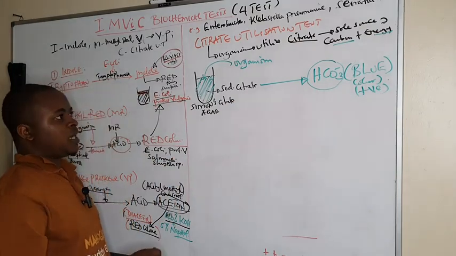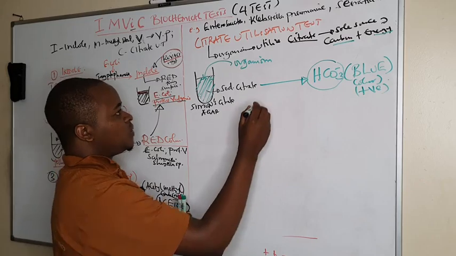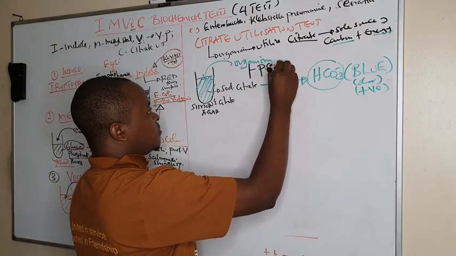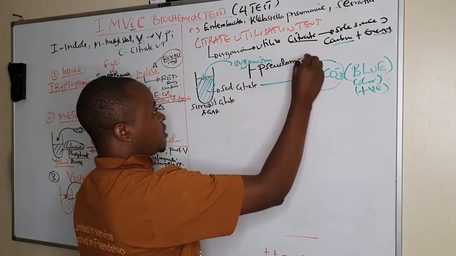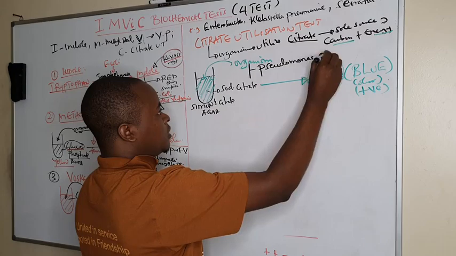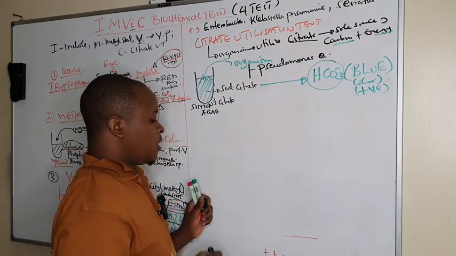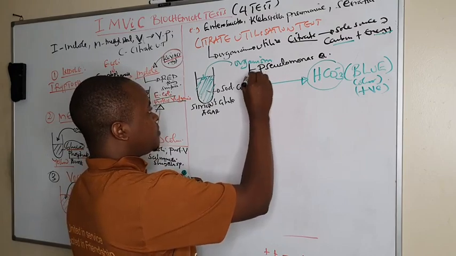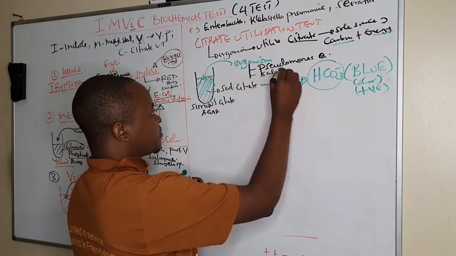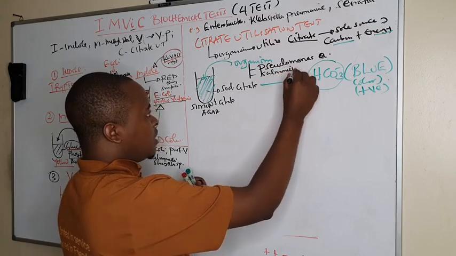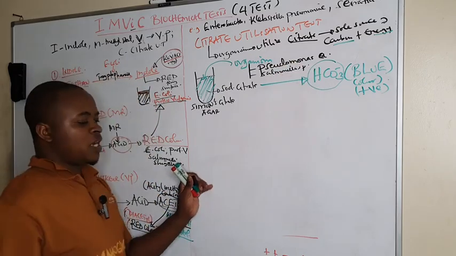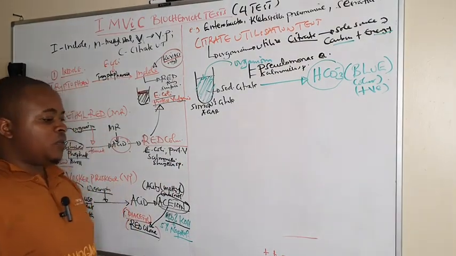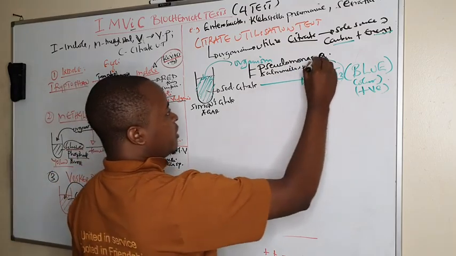Which organisms are able to do this? Organisms include Pseudomonas aeruginosa. Aeruginosa can do that. We can see organisms like Salmonella. Salmonella species also can utilize citrate as a source of carbon, not forgetting Shigella.